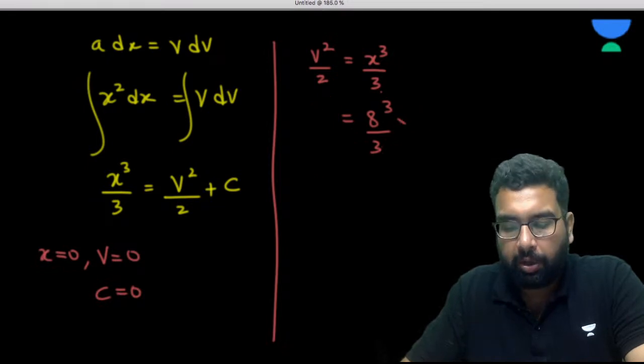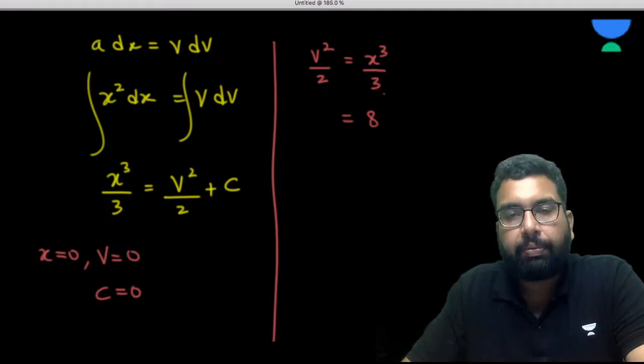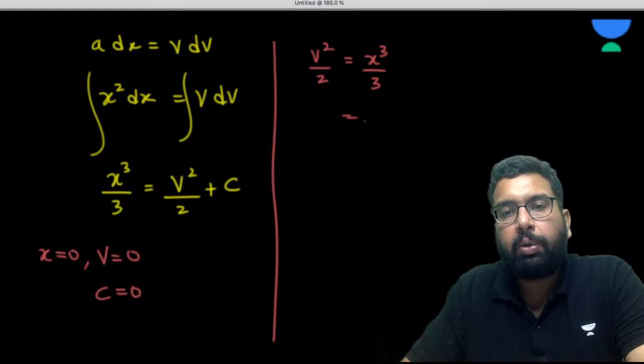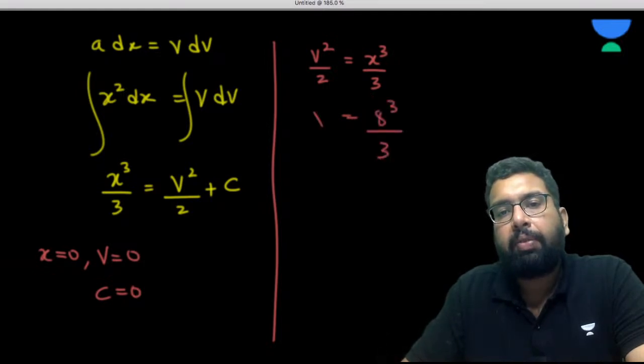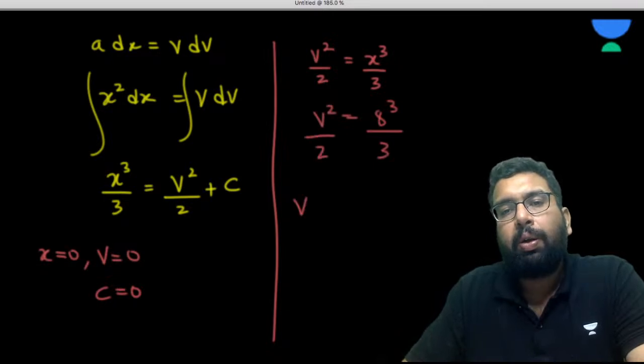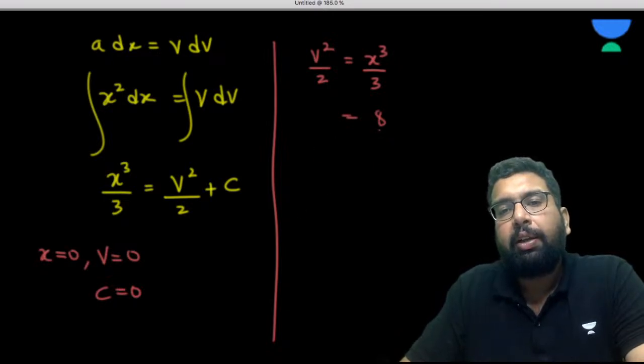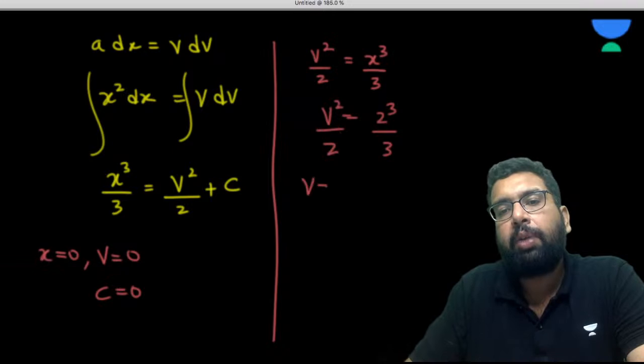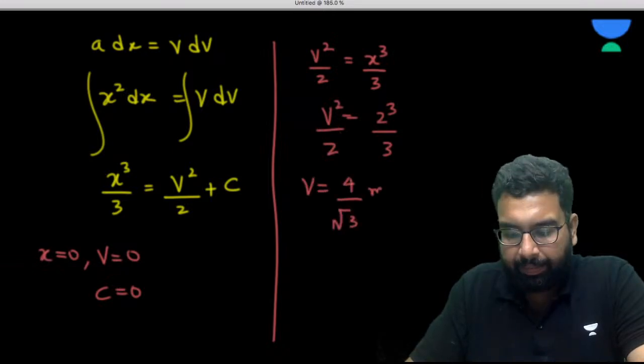So x is equal to 2, it will become 8 by 3, and it will become v square by 2. So it will become v is equal to 4 by root 3 meter per second.